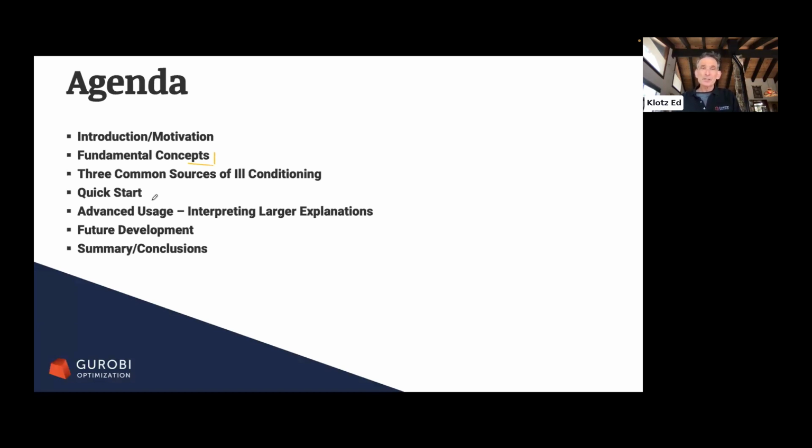It's very easy to get started and use this. And then deal with the fundamental challenge, which is that it sometimes provides very large explanations of ill conditioning, and we would want to develop some skills in interpreting those explanations. And then I'll wrap up with a discussion of where we think we might go with this and try to summarize.